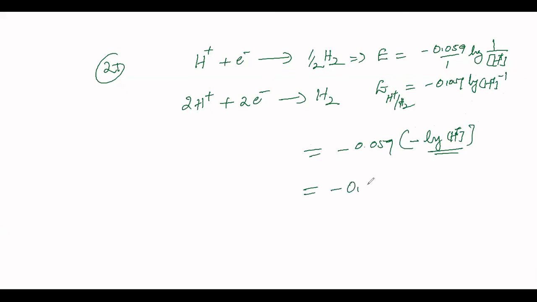So minus of 0.059 into pH. He says pH is 10, so substitute 10 there. This should be equal to minus of 0.059 into 10, so minus 0.59 volt. So your correct option has to be option 3. Am I right? Third option.